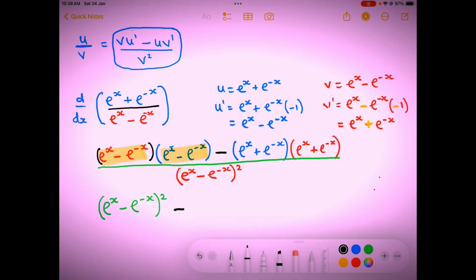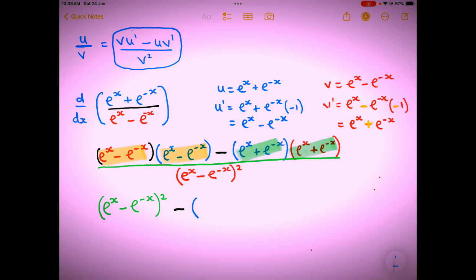This one here is also multiplying itself, so I can also write it as e to the power of x plus e to the power of minus x, in brackets, all squared.